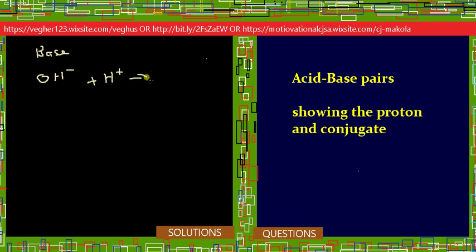So we have H2O as our conjugate acid. So this is a proton, then this is a conjugate acid.